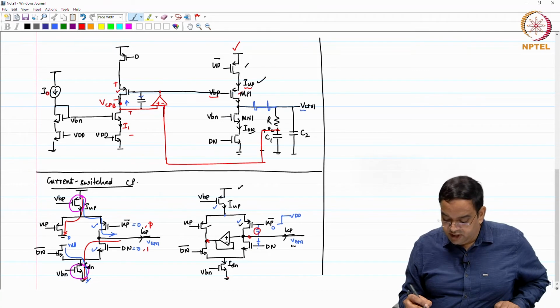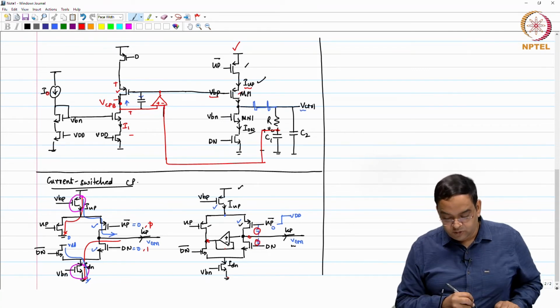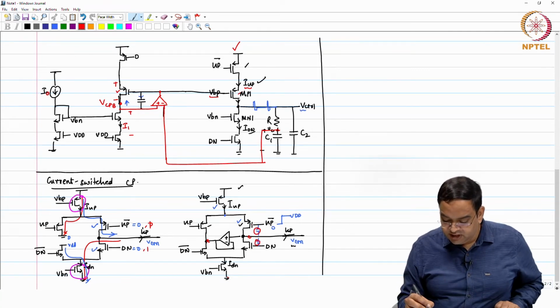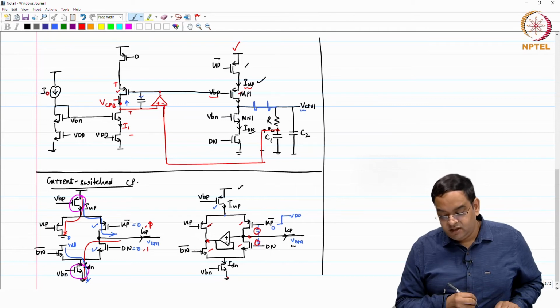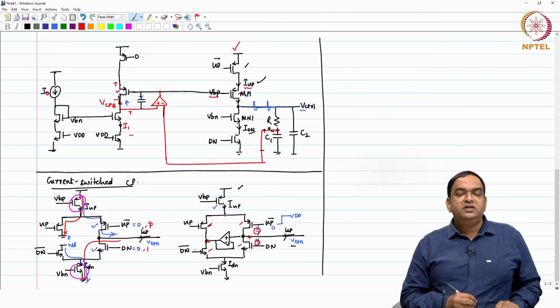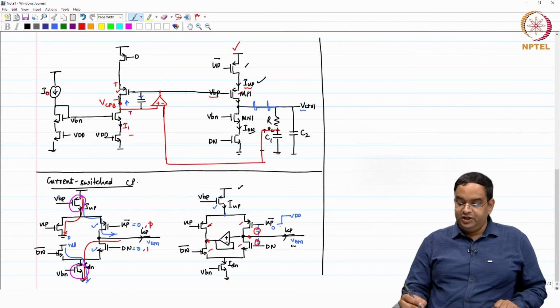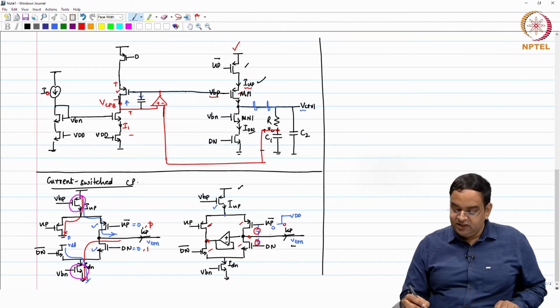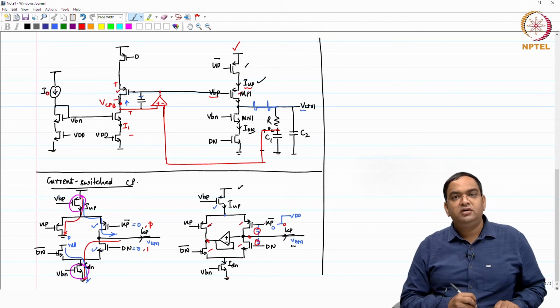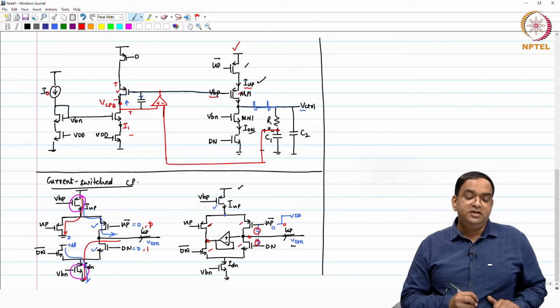So, we can minimize this clock feed through by not switching these switches, which you are seeing here highlighted or checked with red, with full scale signals like 0 to VDD. We can limit the signal which is used for these switches.